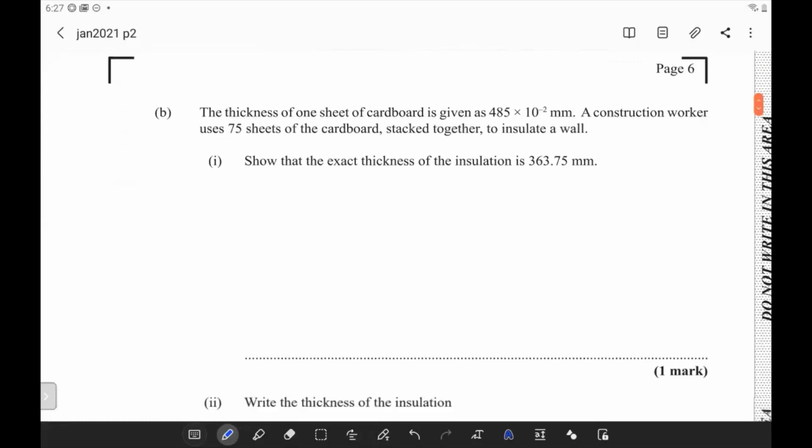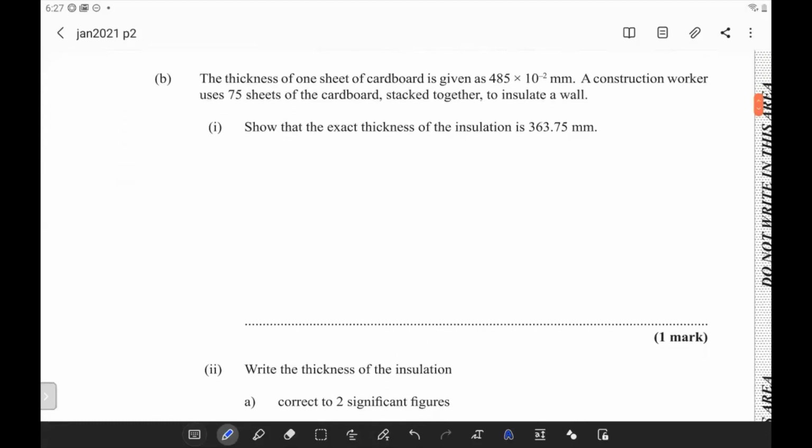So part B tells us that the thickness of one sheet of cardboard is 485 by 10 to the minus 2 millimeters. A construction worker uses 75 sheets of cardboard stacked together to insulate a wall. Show that the exact thickness is 363.75. Now notice the thickness of one sheet is 4.85 millimeters.